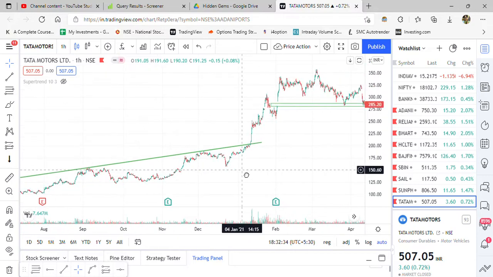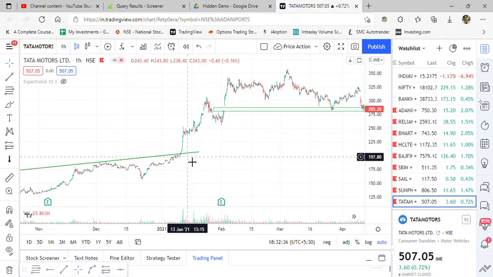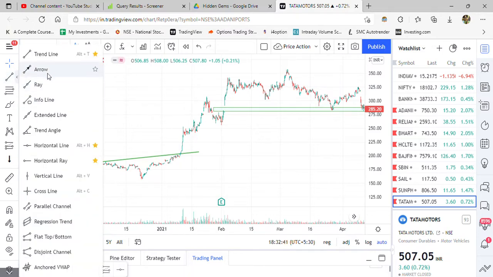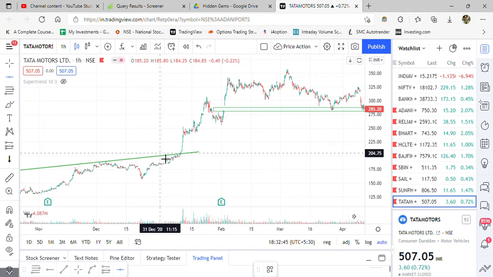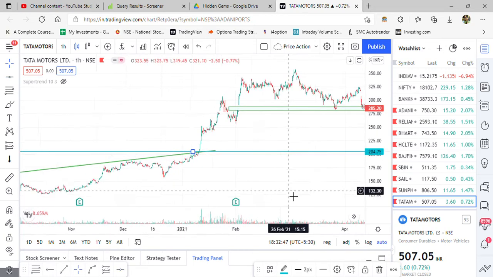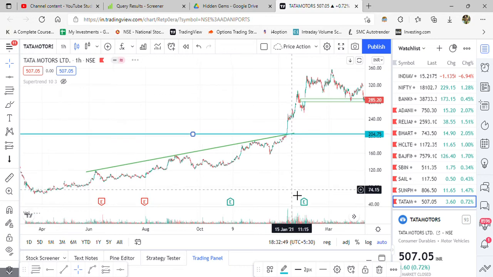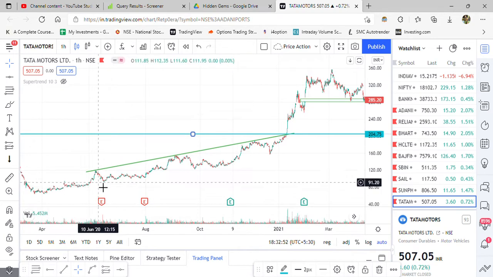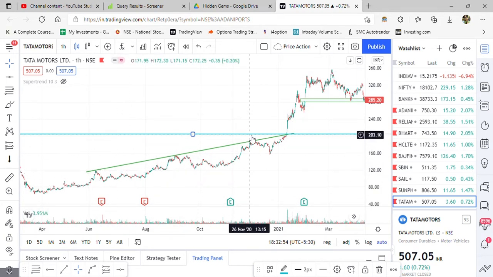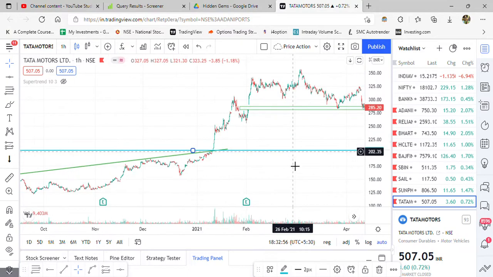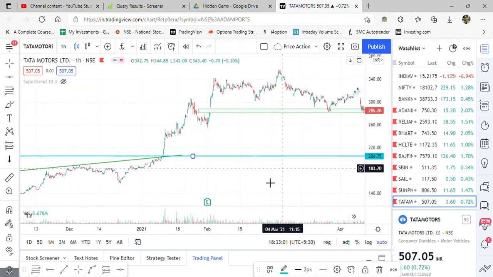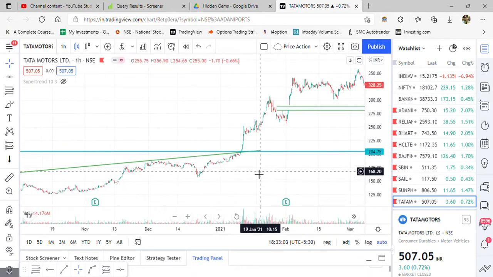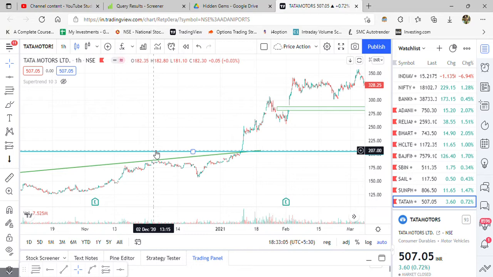So once the breakout from this level, there is no definite rule that after 6 months the breakout has happened, so it will be 20%, 30%. There is no set rule, but you have to trade the breakout. How do you trade the breakout? I'll just tell.